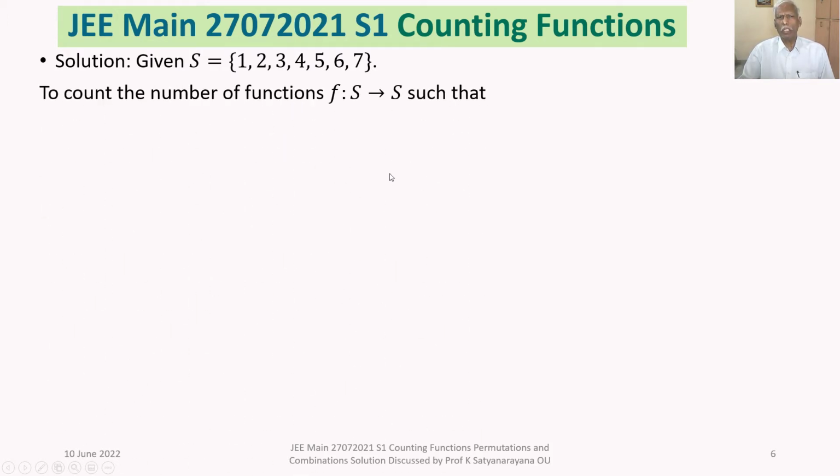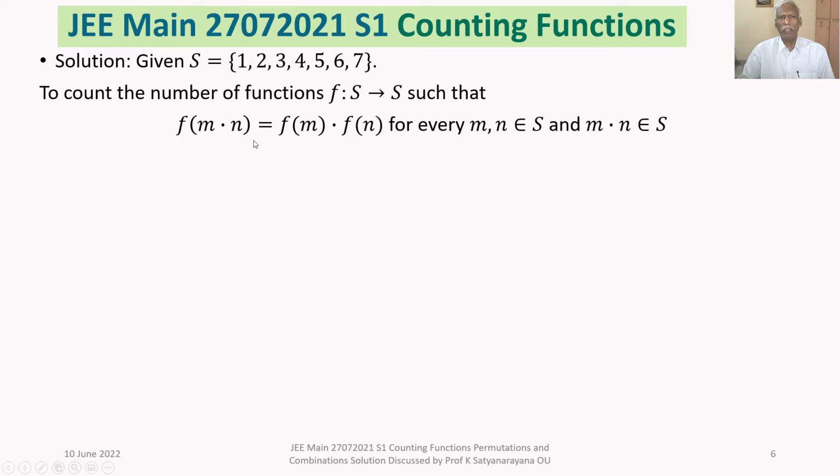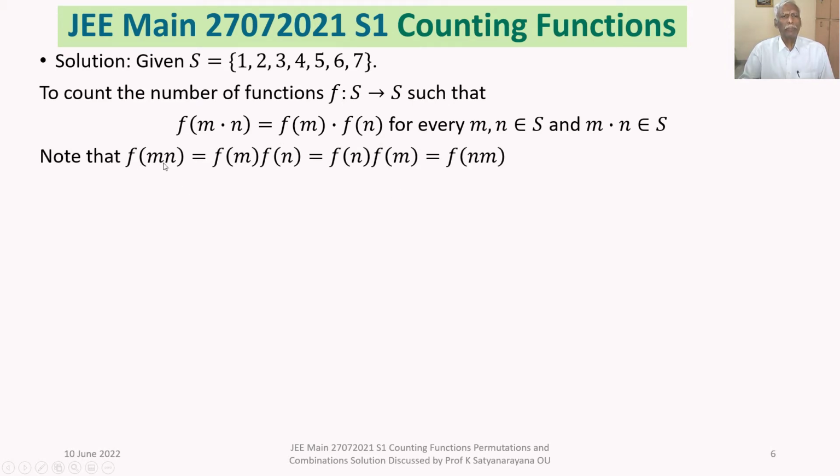Now we want to count the number of functions f from S to S such that f of mn is equal to f of m into f of n for every m, n belonging to S and mn belonging to S. Note that we have dropped the dot for multiplication and write mn for m into n. f of mn is, by definition, f of m into f of n, and f of m, f of n are positive integers from S and they commute, so that equals f of n into f of m.